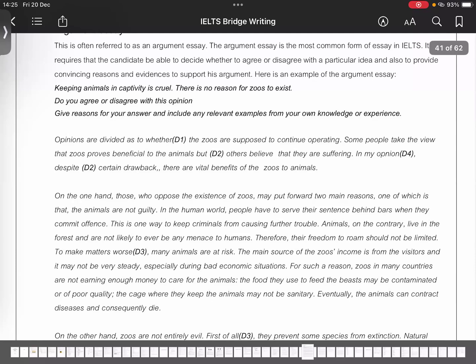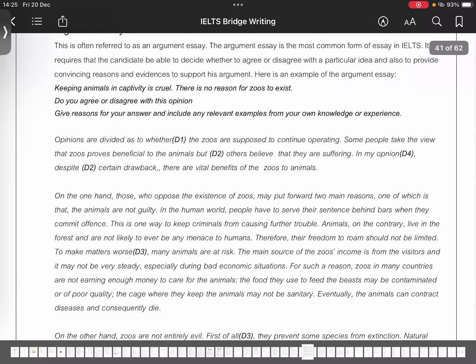So this statement basically gives you a subject of debate. Okay, so it tells you that today people are arguing about the existence of the zoo. That's what it tells you. Okay, it gives you the subject of debate.